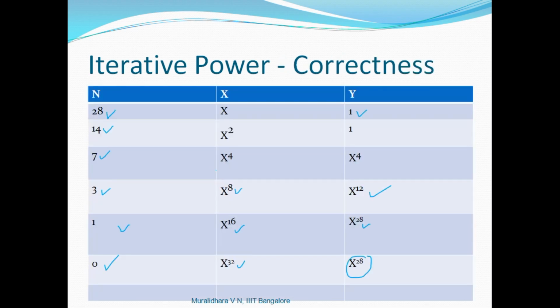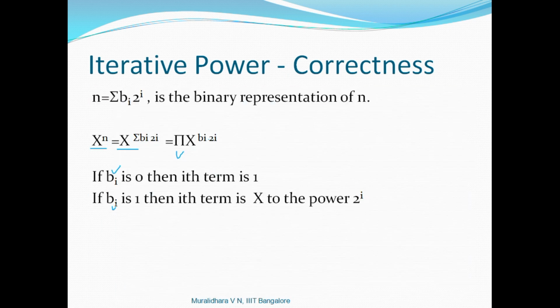So what you notice here is that in the ith loop we are checking whether b of i is 0 or 1, and if it is 1, then you have to multiply y is equal to y into x, but x value is x to the power 2 to the power i, right? So basically we are writing x to the power n as x to the power summation b of i into 2 to the power i, which can be written as product of x to the power b of i into 2 to the power i.